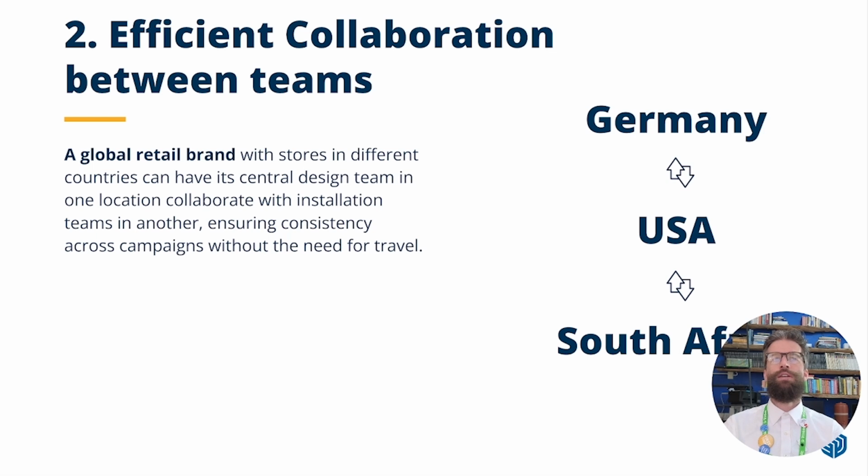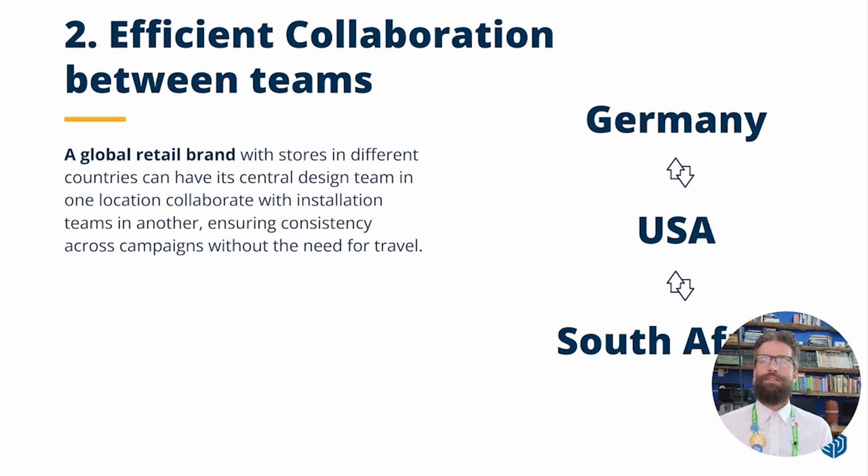Now, if you want to create efficient collaboration between teams, imagine this. If you have a global retail brand, let's say operating out of Germany, and you might have a creative design agency in the United States, and you might want to execute the installation process in the stores that are in South Africa. Then you need to work across quite a few locations, time zones, and teams.